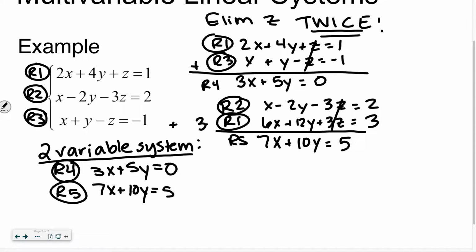The 5y and the 10y, you've got to multiply the 5y by -2, then they'll be the same. That would be 20y when you add. So you're going to multiply row 4 by -2. Okay, so you choose, Lexi, what to multiply by. Does that mean also multiply the 0 by -2? Yep.